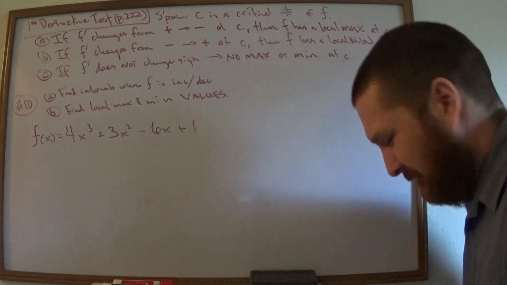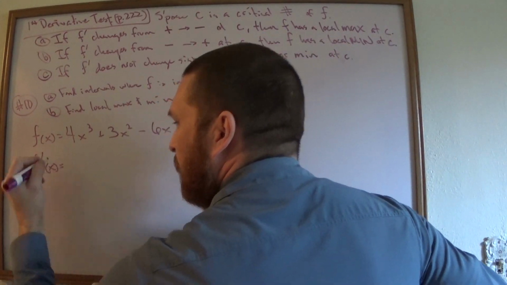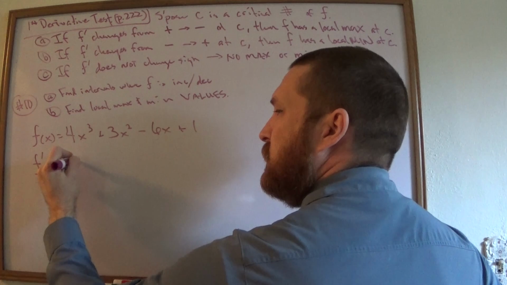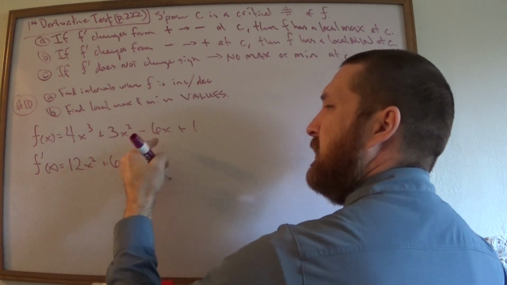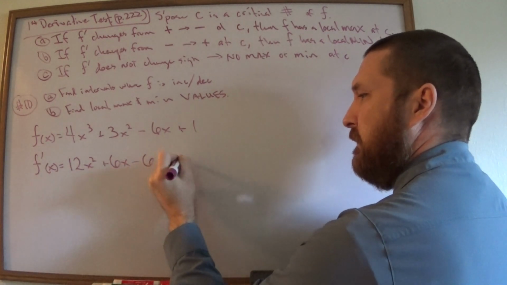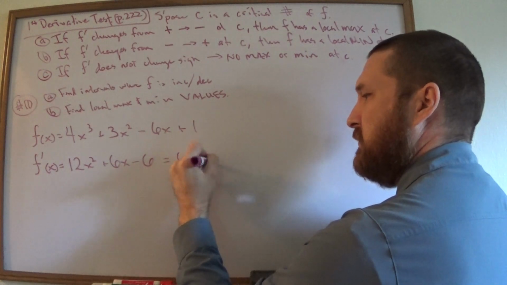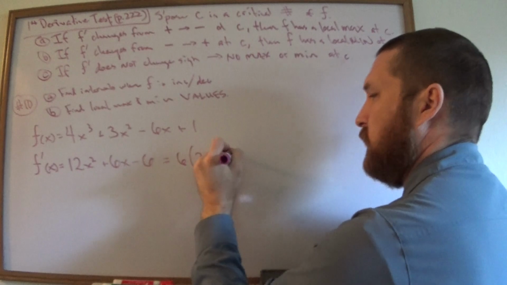Okay, now, what do we need to do? Take the derivative and set it to 0. So what is the derivative? 12x squared plus 6x minus 6. Now, I'm going to cut to the chase and factor out a 6. That gives me 2x squared plus x minus 1.